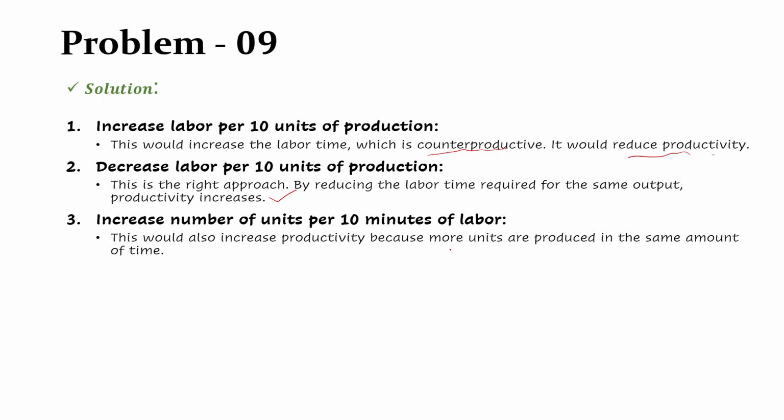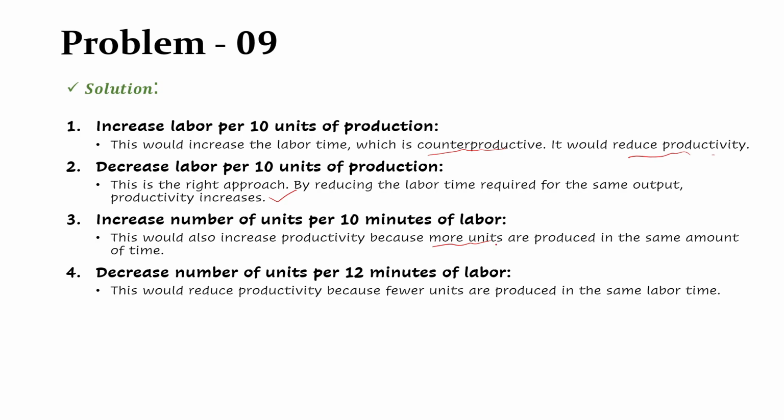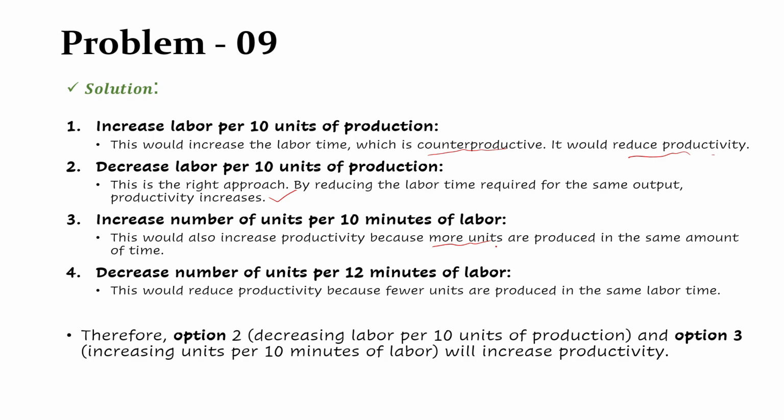This would also increase productivity because more units are produced in the same amount of time. And the fourth option is decrease number of units per 12 minutes of labor. So this will also decrease the productivity because fewer units will be produced in the same labor time. So to summarize, option 2 and option 3 will increase the productivity.